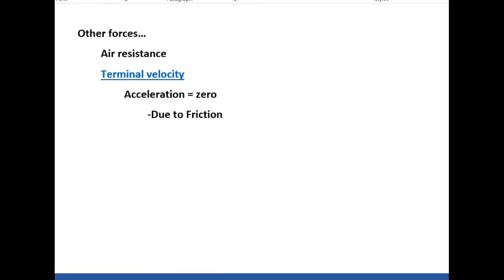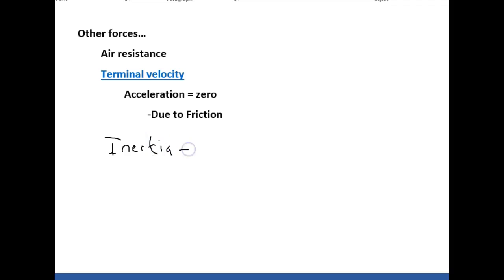Okay, so the last things we have to worry about are the other forces acting. And really the one force we're really worried about is air resistance. Air resistance does play a factor, and the other important factor is inertia. So you can say air resistance, and we'll put inertia down here as well.